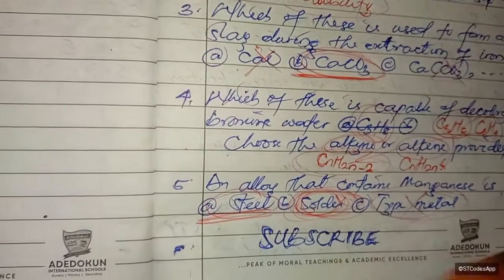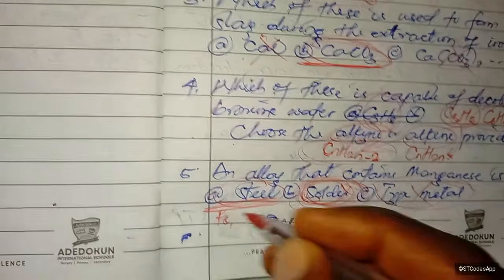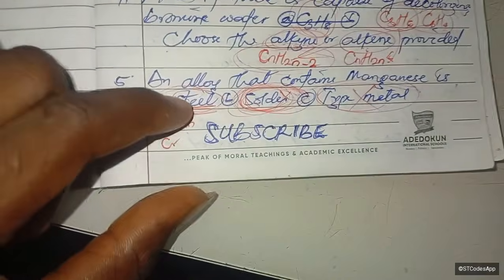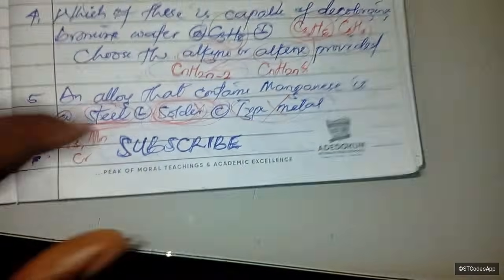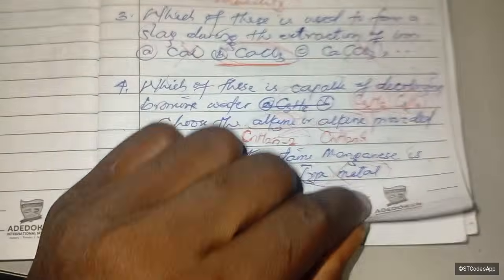But steel consists of iron, Fe, and manganese, and I think chromium. So steel contains manganese as one of the metals that make it up.